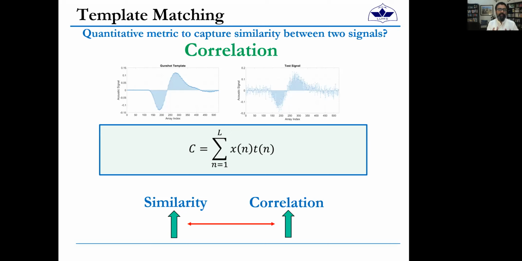But the point I want to make here is just like in your Euclidean space, if you have a two-dimensional vector, you take the dot product between the two. That dot product is the maximum when they are similar, when they are similarly aligned, in a similar direction. Okay? And this is another way to think about this correlation. Actually, correlation is a dot product.